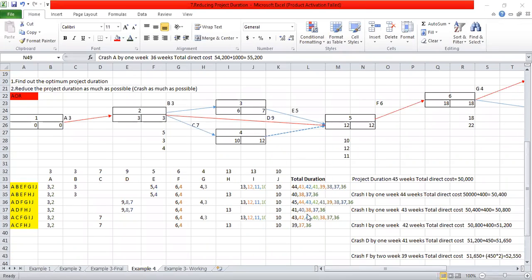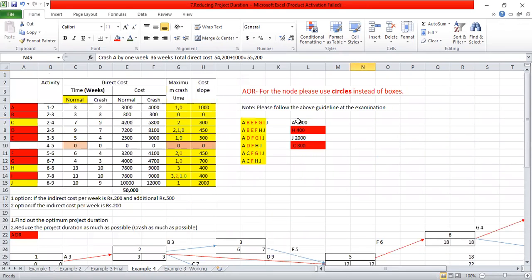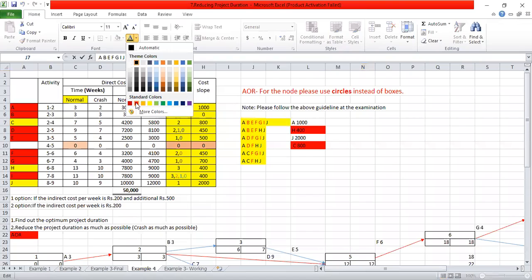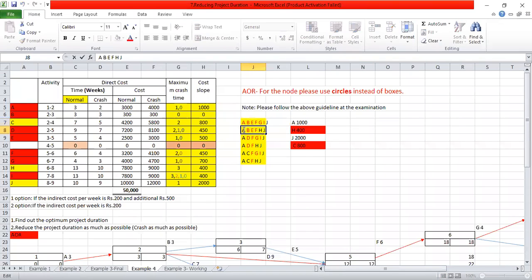So activity A we cannot further crash. I will highlight that A activity cannot be further crashed. So I will cut it down.